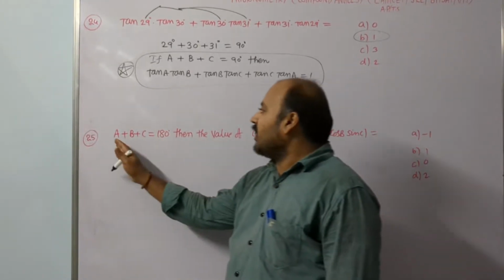Now come to question number 25. A plus B plus C equal to 180, then the value of cosecant A into (sin B cos C plus cos B sin C). This bracket value is of the form sin A cos B plus cos A sin B, which is sin of (A plus B), but in place of A and B, B and C is there.